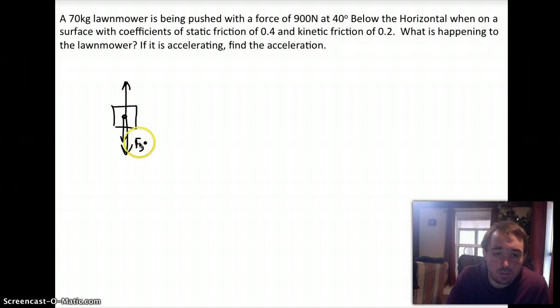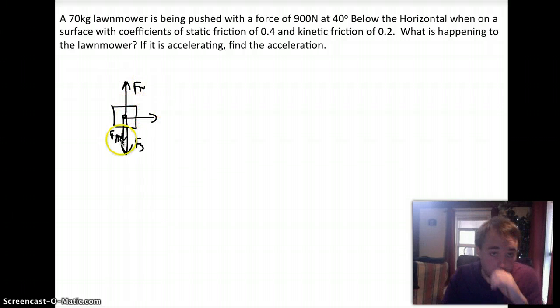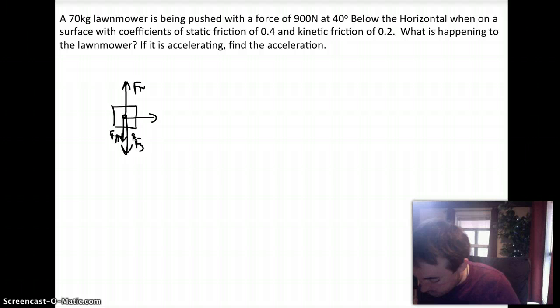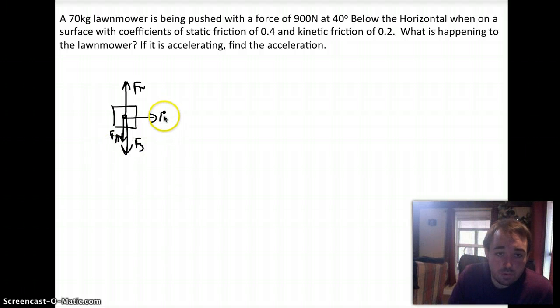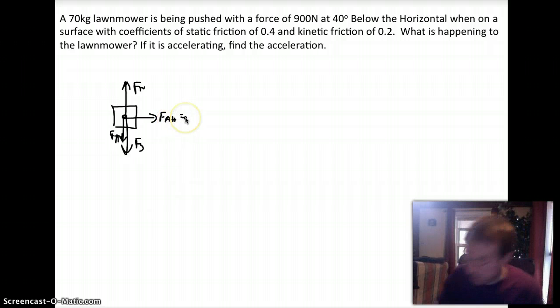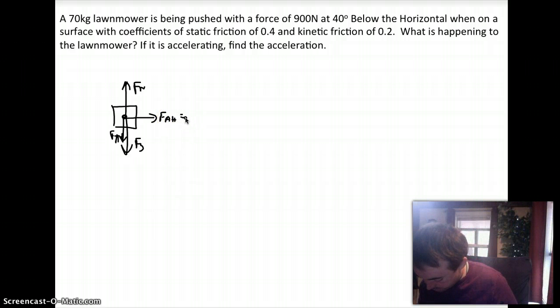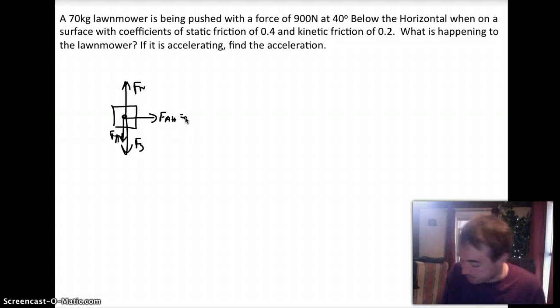We already took care of FG, FAV, and FN, those are the same numbers, you would put those back in. I just ran out of space. So our FAH was 900 cosine 40, so 689.44 newtons.